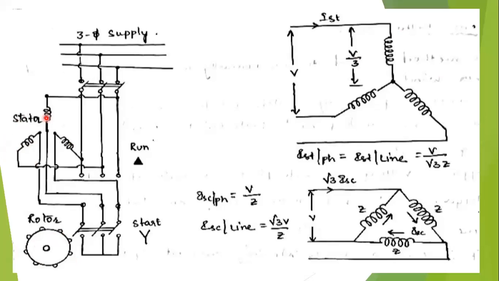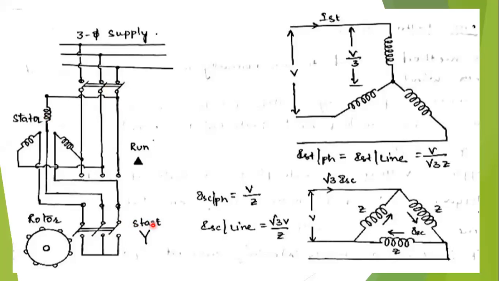This method is used to run normally with delta connected stator winding, and it consists of a two-way switch. Why I am calling this a two-way switch: it will be connecting the motor in two forms. The first form is star and the second form is delta.